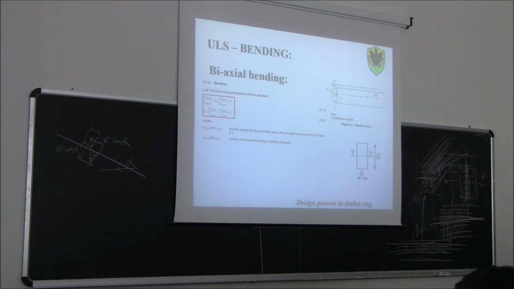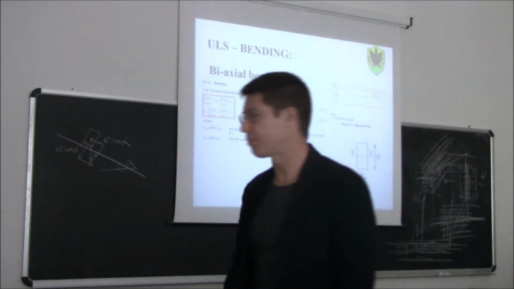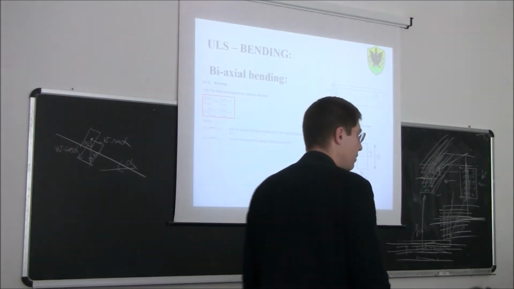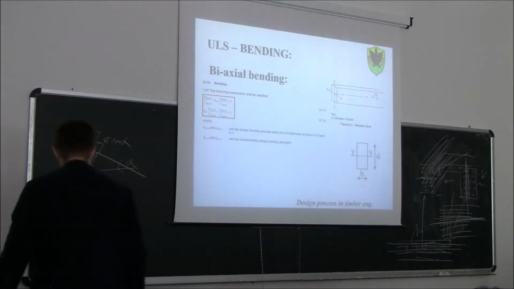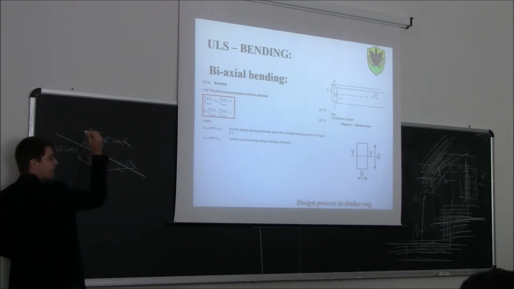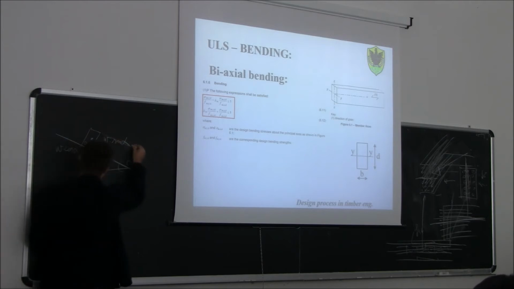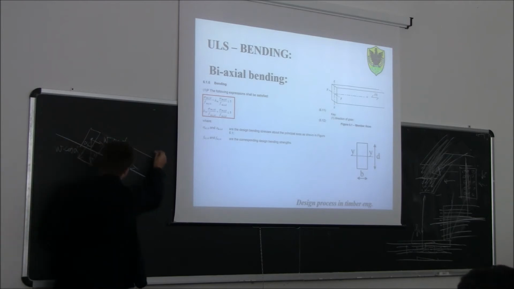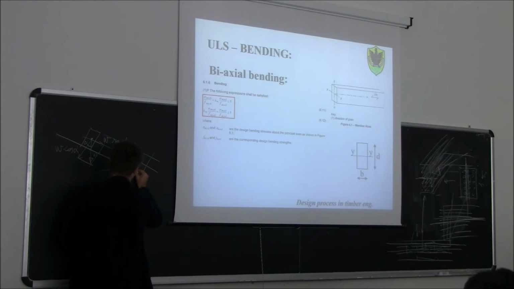If you remember, in mechanics of structures, you dealt with biaxial bending by using the superposition principle. So what you did, you basically calculated first, for example, if you have a situation like this, assuming a simply supported beam, this vertical load W cos alpha will induce in your beam a distribution of stresses in the most stressed cross section.